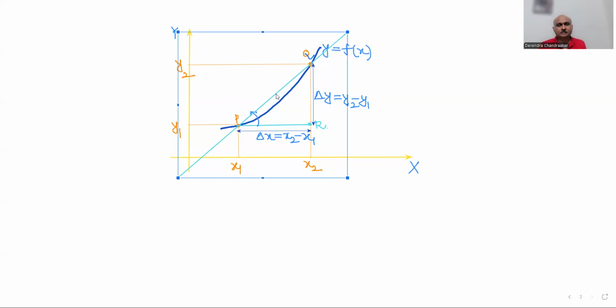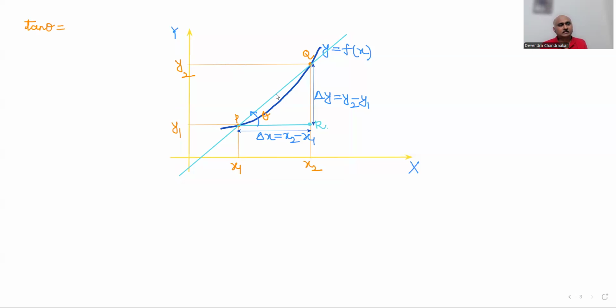A secant is a line which crosses the curve at two different points. So here, this angle is theta. Let's say the angle is theta with the horizontal. So tan theta is equal to what?